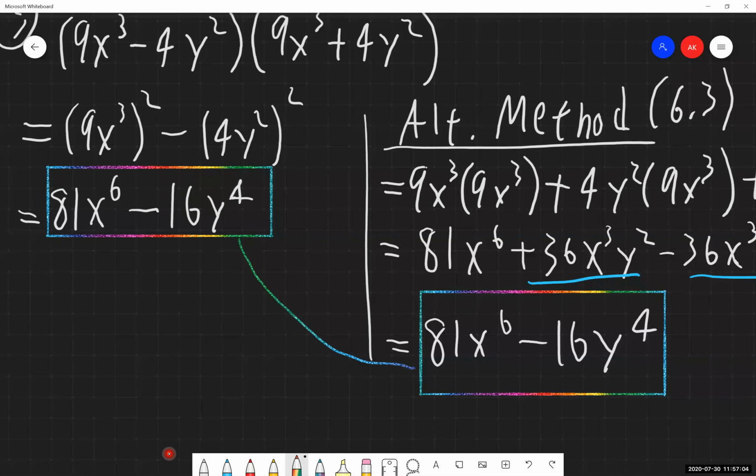So this is the main reason why, of the 3 new special products that we have, I would highly recommend that you memorize this conjugate pair for yourself. The first 2 examples that we did, the square of a sum, the square of a difference, if you want to memorize it for yourself, you can.